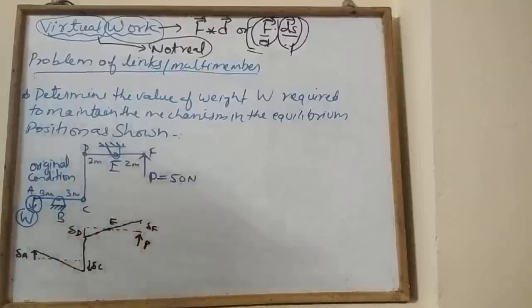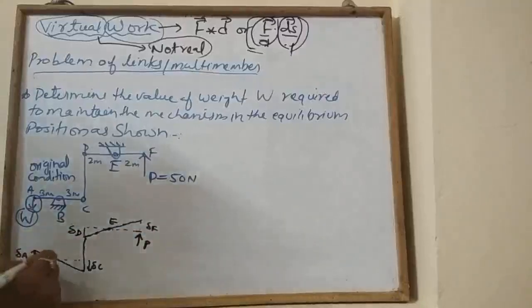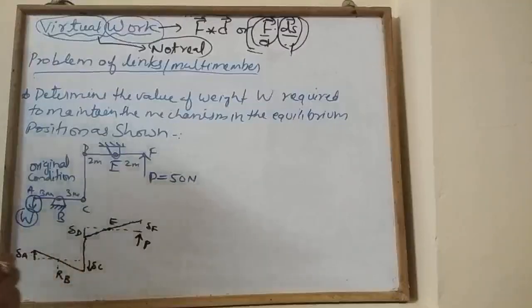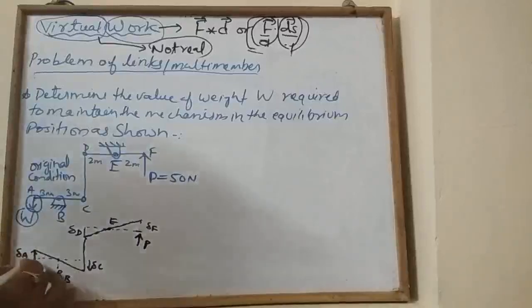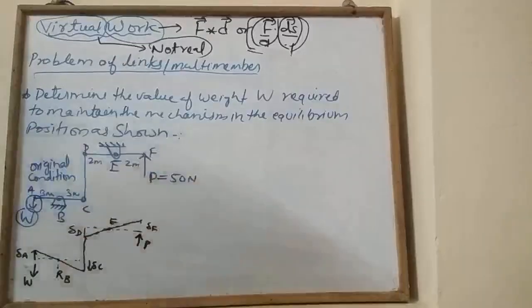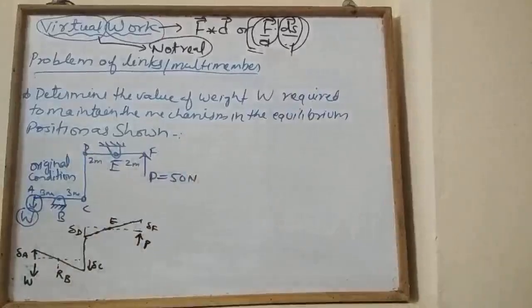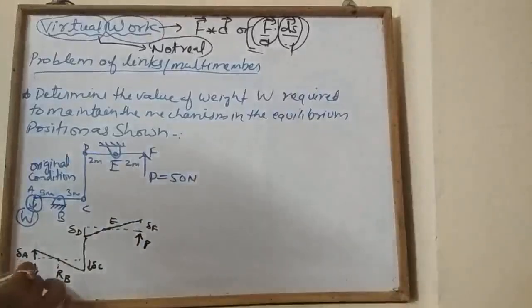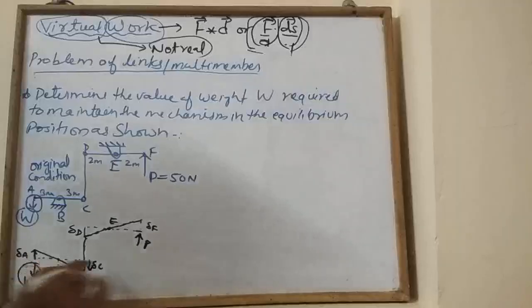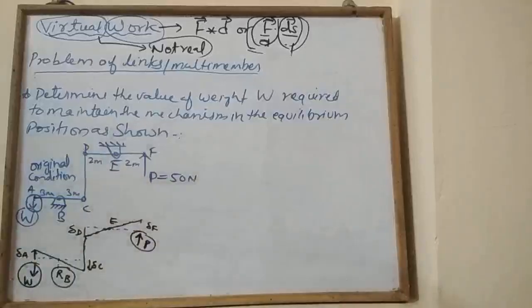Now this is load P, and this is RB. This is W. So how many forces do we have? We have this force, and this force. We have 3 active forces.